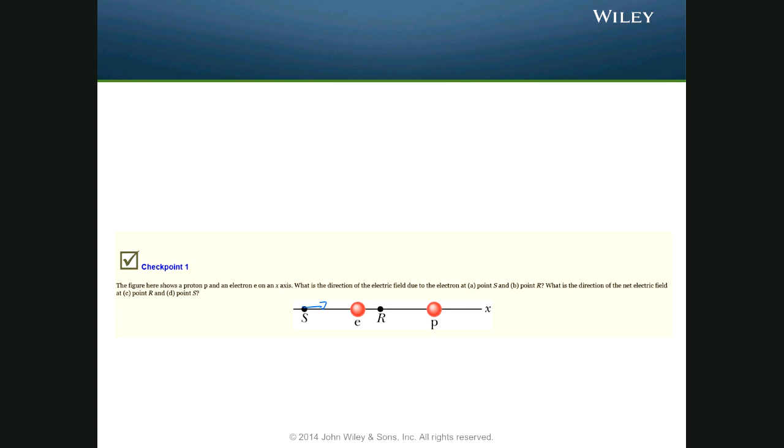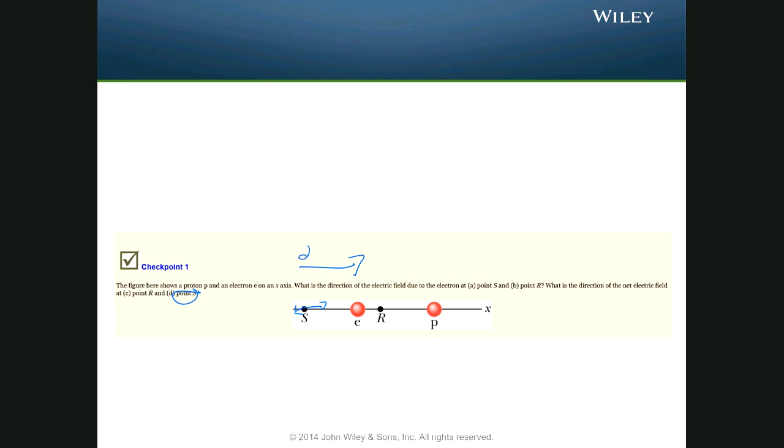And then there's a field from the proton, and I'll draw it here, S, going away. And again, we can use Coulomb's law to infer that this is small. Not only is this smaller, but this is bigger, and that the overall net direction will be towards the positive x direction, right? So that's for point S. This is part D.